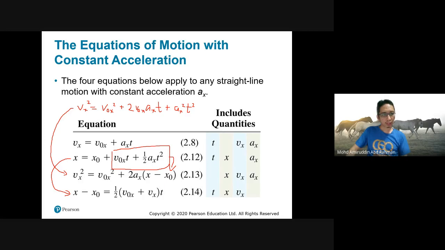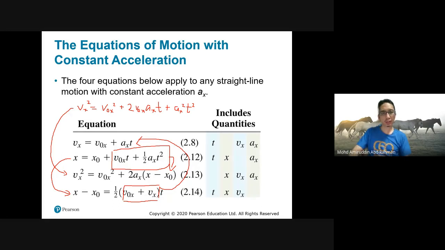From there you later use this to make it equal to this one. So that's how you obtain those equations. I hope that's clear.